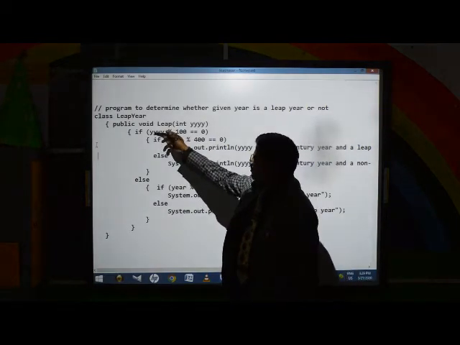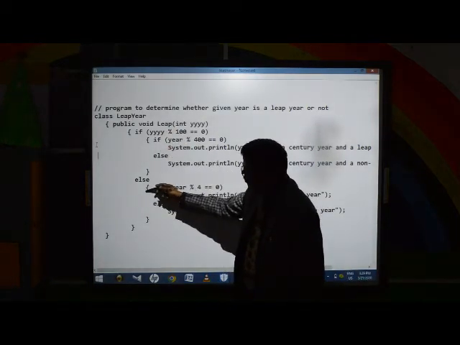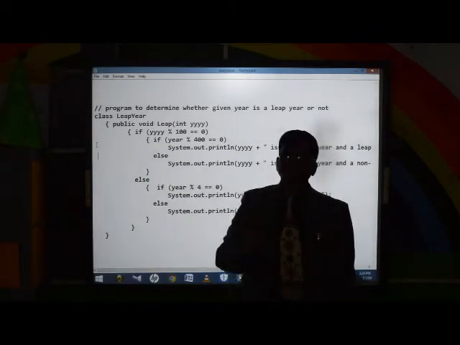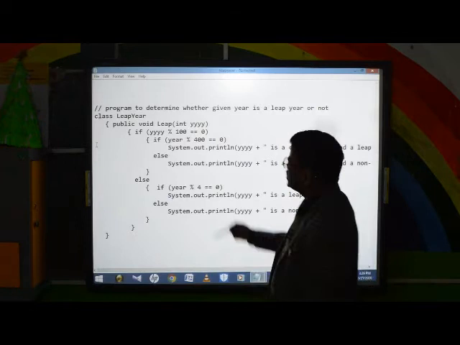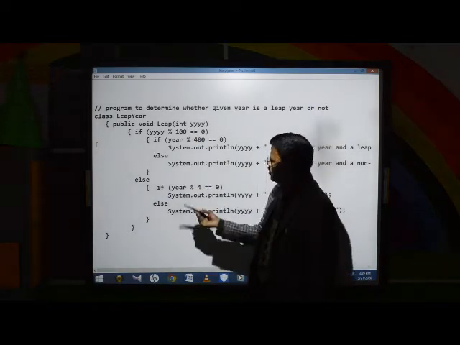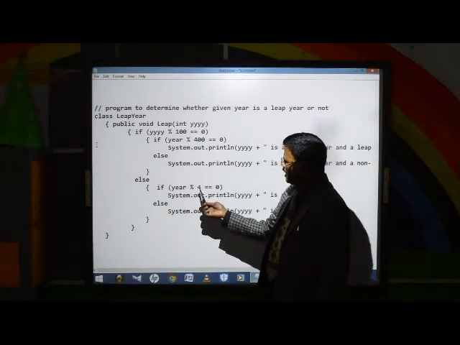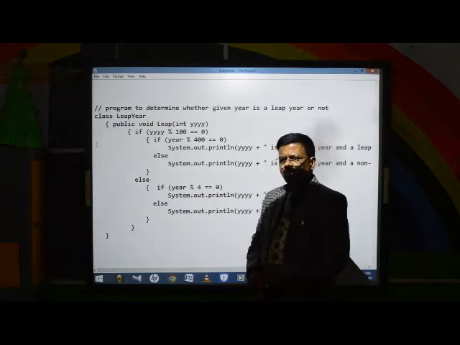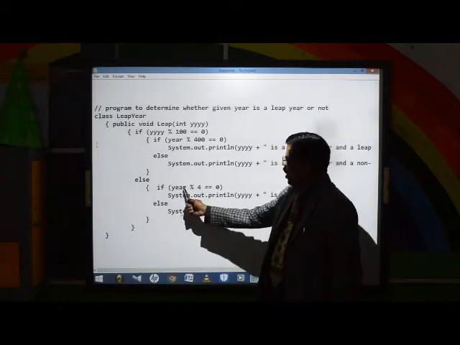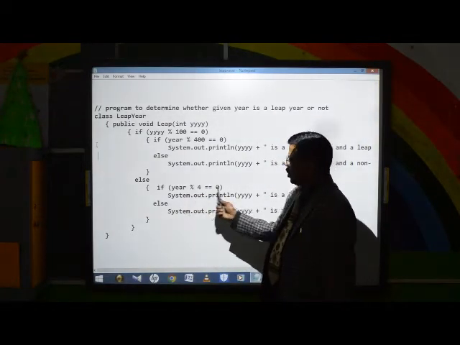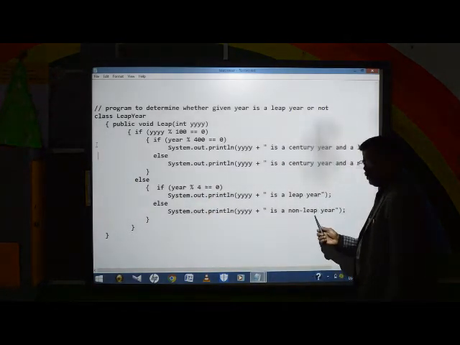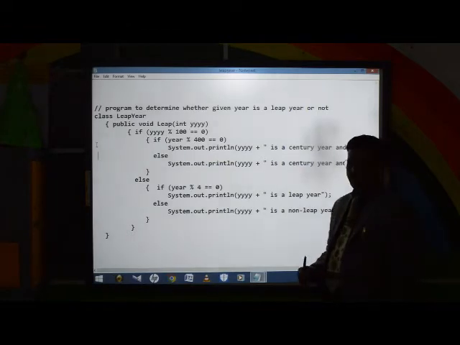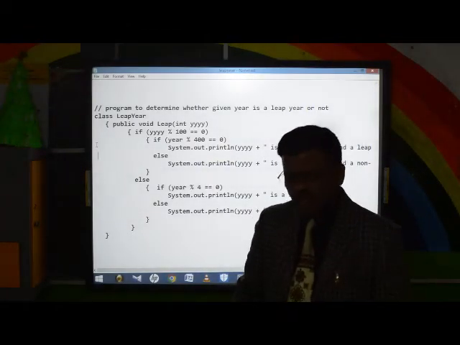No. If they are not the same, straightaway it comes down. What does it signify? 2017 is not a century year. It's a non-century year, so it comes down. 2017 divided by 4, the remainder would be 1. 1 and 0 are the same? No. It comes here: 2017 is a non-leap year.